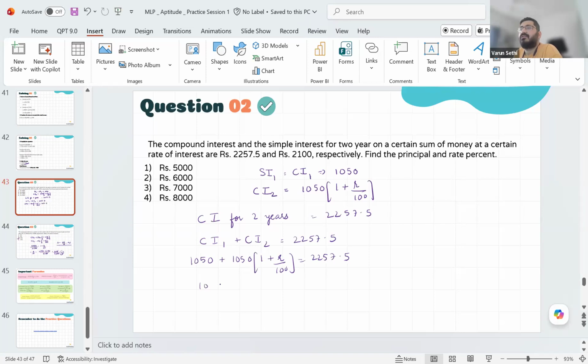That means 1050 plus 1050 plus 1050 r upon 100 is equal to 2257.5. That implies 1050 r upon 100 is equal to 157.5. R is therefore equal to 157.5 upon 1050 into 100, which is 15. So R is equal to 15%.